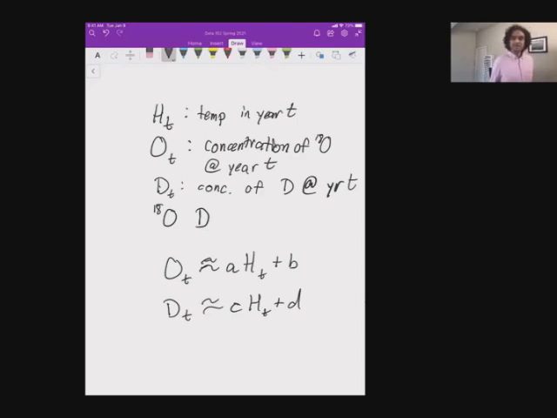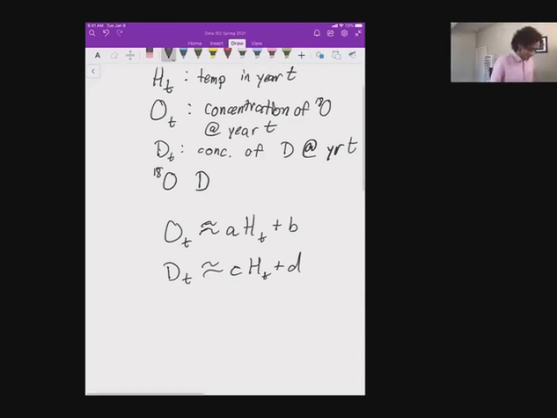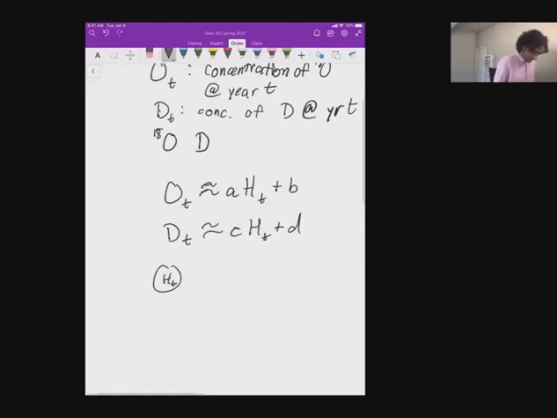So let's start by setting up a simple graphical model for this. We'll say h sub t is, we'll start with h sub 0, which is like the first year that I have data. And then from there, I can get O and D, right?